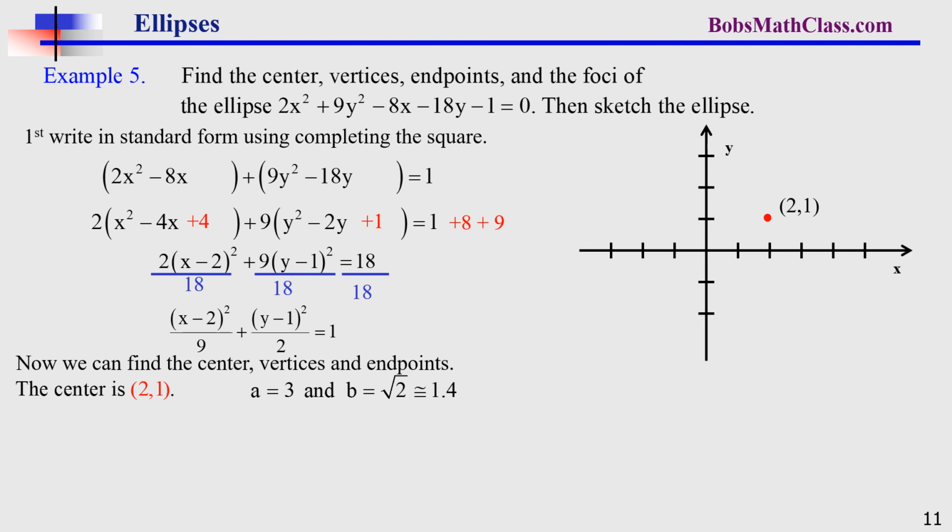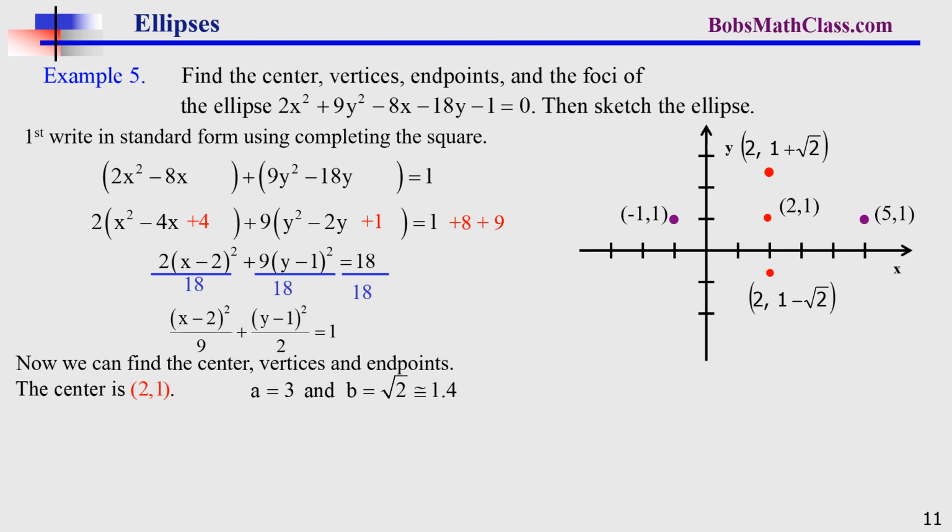When you label it, usually you want to label it in radical form. So you're going to add square root 2 to the y value and subtract square root 2 from the y value. So plus square root 2 and then down square root 2. All right, here are our 4 points. Going 3 left and 3 right gives you negative 1, 1 and 5, 1.